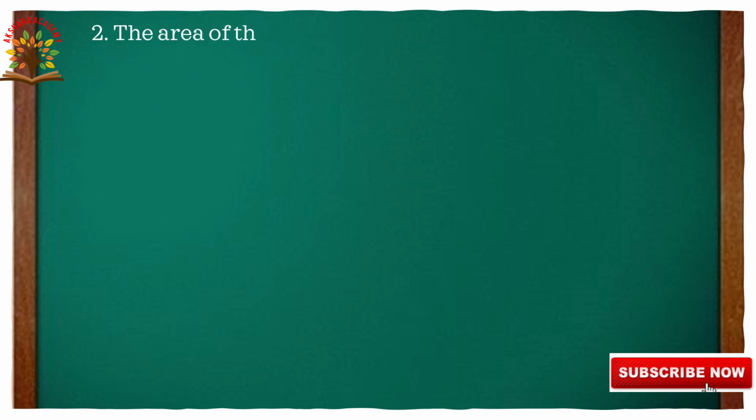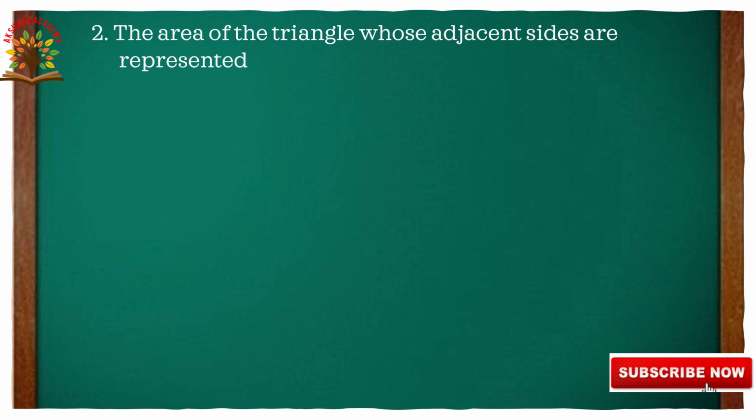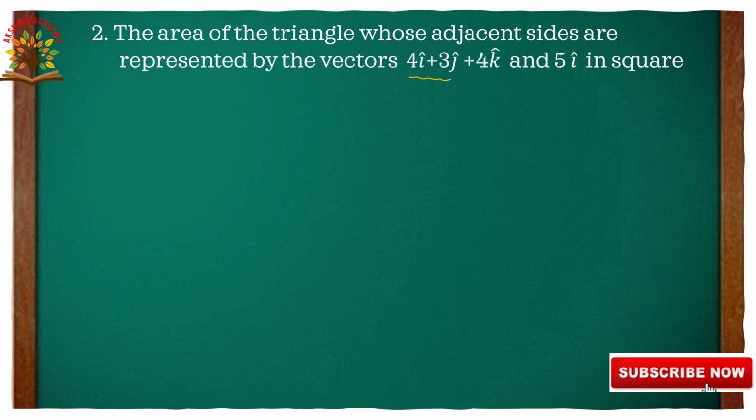Second one. The area of the triangle whose adjacent sides are represented by the vectors 4i cap plus 3j cap plus 4k cap and 5i cap, in square units. Here they gave A bar and B bar, two vectors. Here you have to find the area of the triangle.